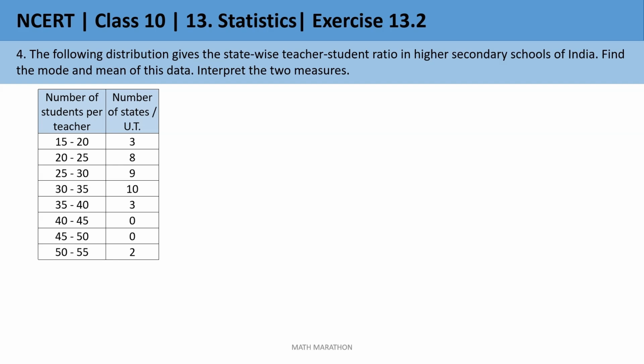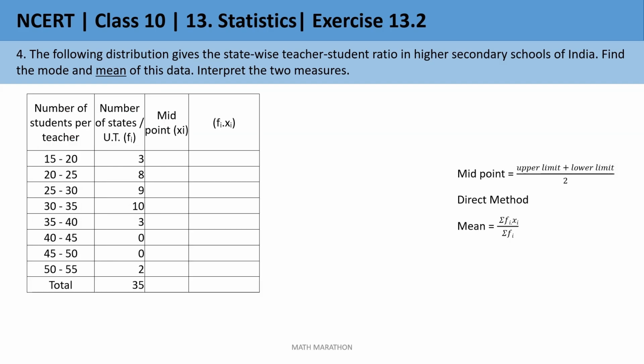Now, let us calculate mean. Formula to calculate midpoint is upper limit plus lower limit divided by 2. Formula to calculate mean is summation of fi xi divided by summation of fi. In question, the table provided has been written in answer.